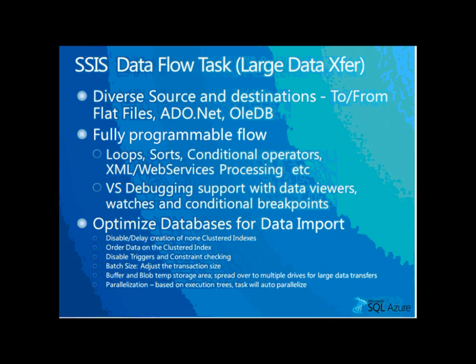You want to take a look at the size of blobs if you have them. You might actually consider Windows Azure blob storage rather than storing them in SQL Azure, because that's a type of storage that you might want to use. You also, of course, in SSIS can use parallelization depending on the capability of the hardware that you have.